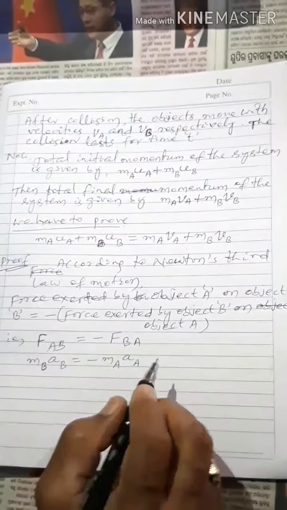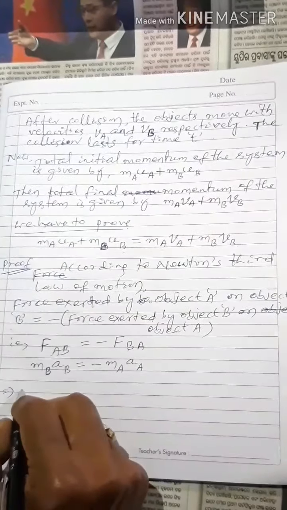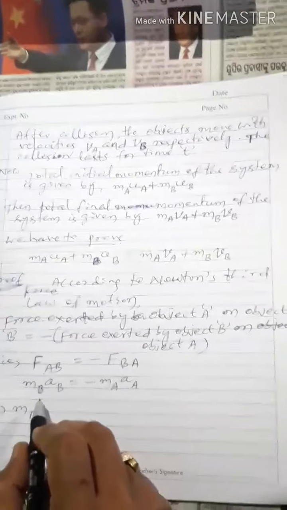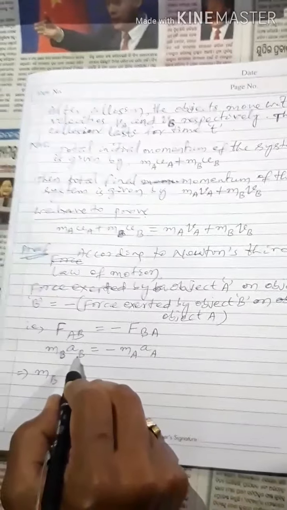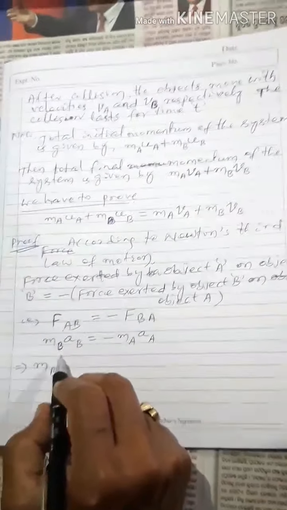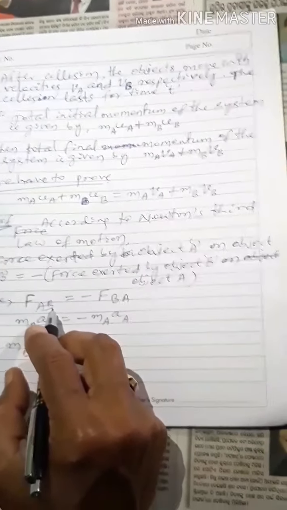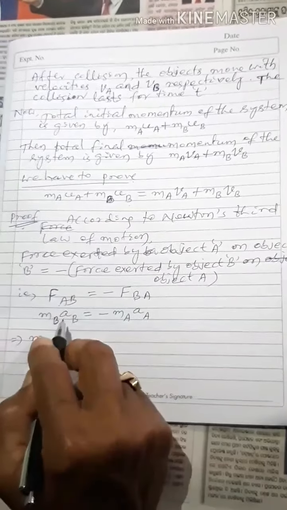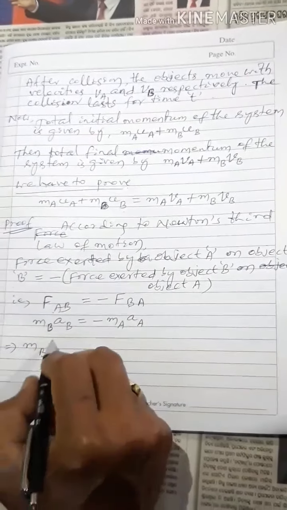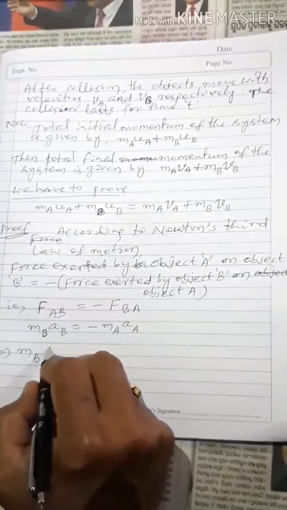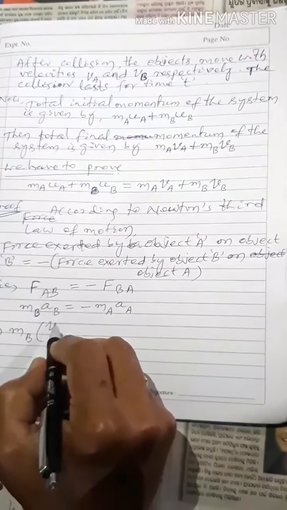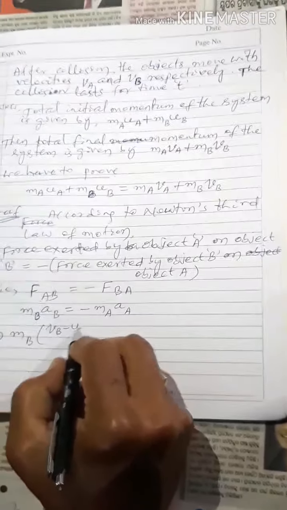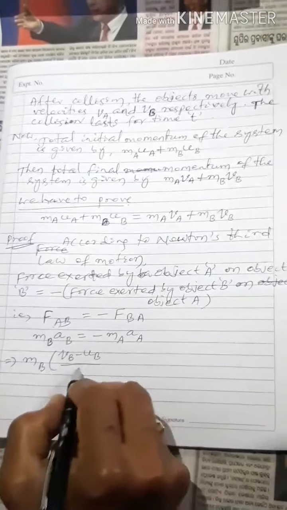Clear? So that implies MB into AB. AB means acceleration of object B. What is acceleration? Acceleration means rate of change in velocity. So in place of AB, we can write final velocity of B minus initial velocity UB, divided by time.